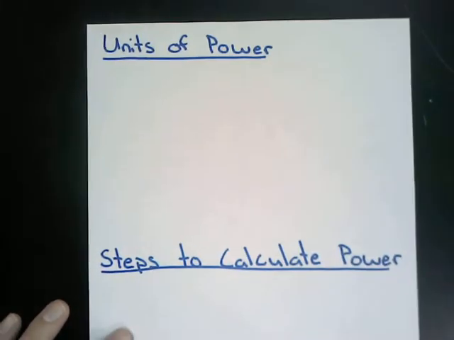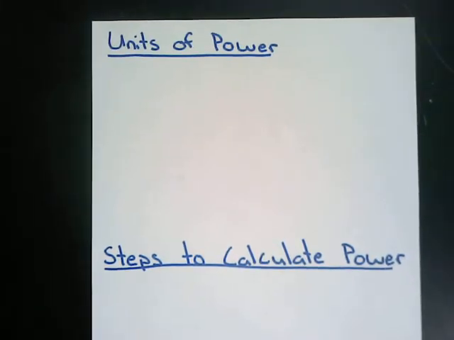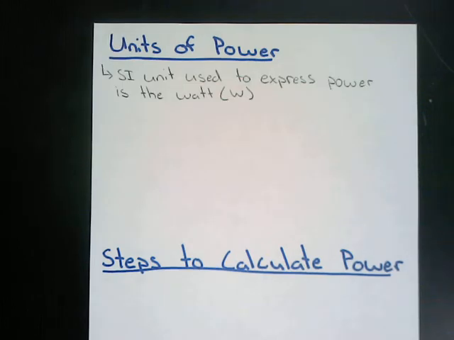of power. So number one, the SI unit, or the International System of Units for power, is the watt. Now, to think about what a watt is, 1 watt is the amount of power needed to do 1 joule of work in 1 second.